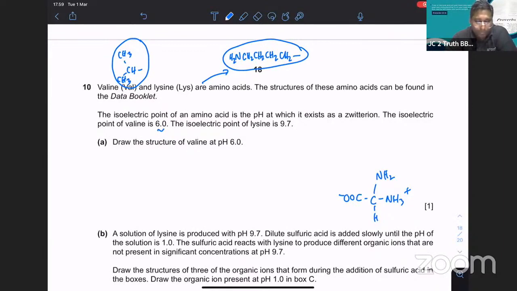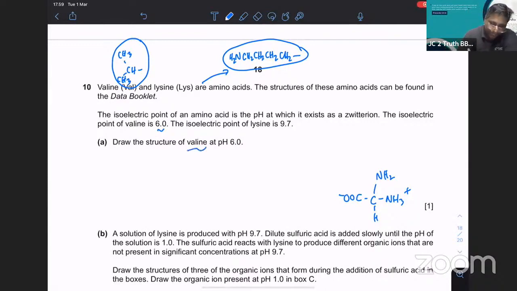The isoelectric point of an amino acid is the pH where it exists as a zwitterion. The isoelectric point of valine is 6, and the isoelectric point of lysine is 9.7. So at this point, they are going to exist as zwitterions. Draw the structure of valine at pH 6, the one where it exists as a zwitterion.